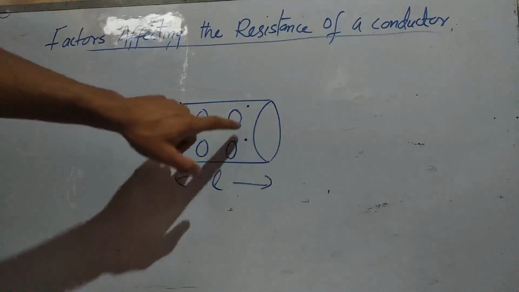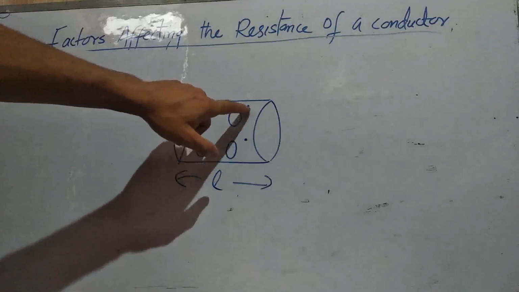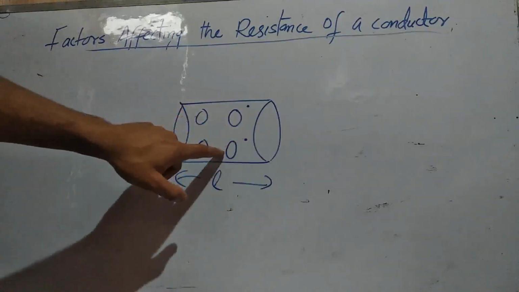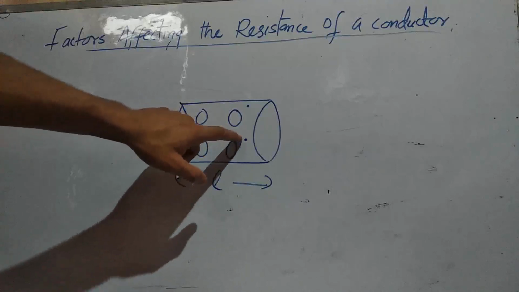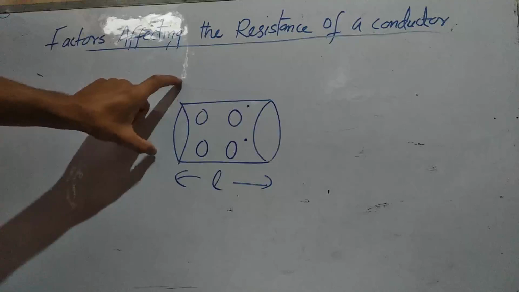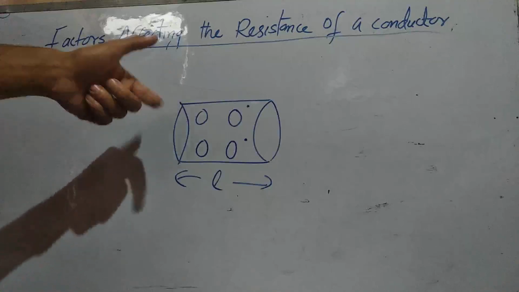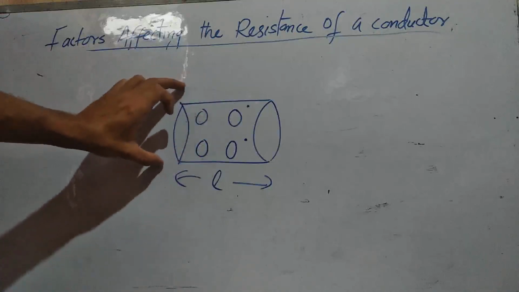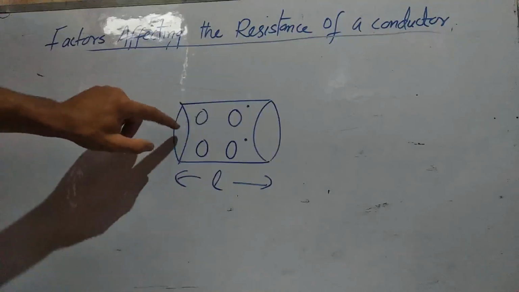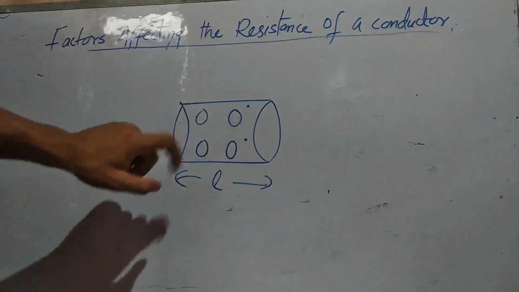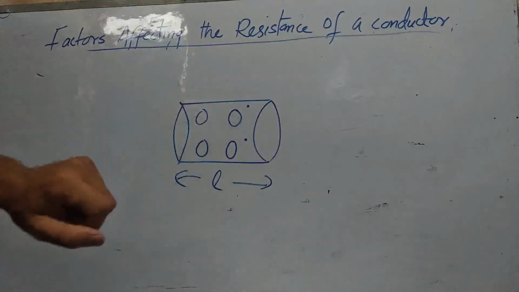So this electron will be attracted by this atom, and this electron will be attracted by this atom. And if there is no net potential difference, these electrons will just be attracted. Only if a net potential difference is created will these electrons travel.